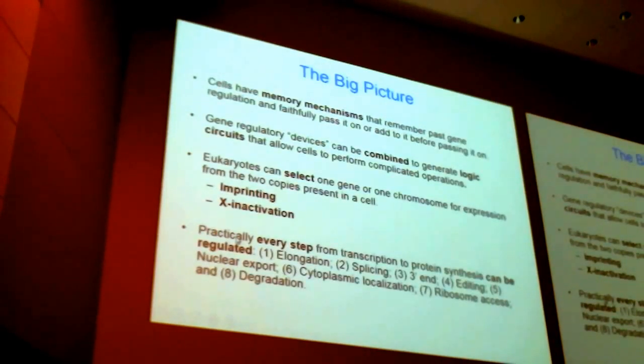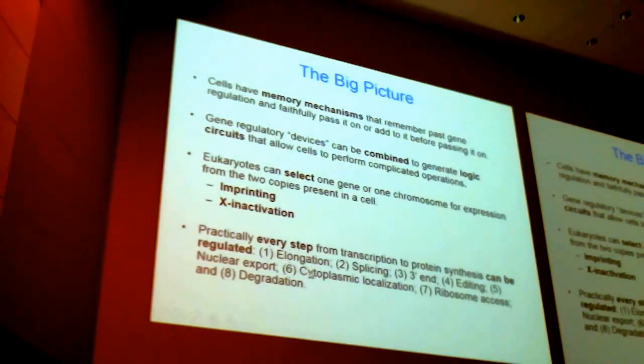And as Dr. Frau mentioned in his last lecture, the first step of gene expression is where you decide to make mRNA for a particular protein. And he talked about the many regulatory steps, ways in which just that first regulatory step could be regulated. After that, all the way out to making the protein, every single step can be regulated.